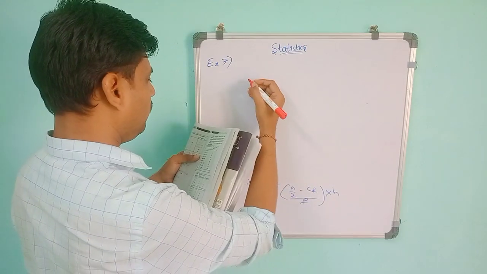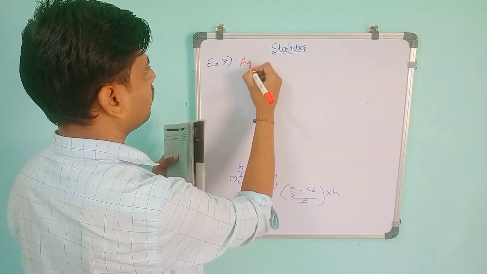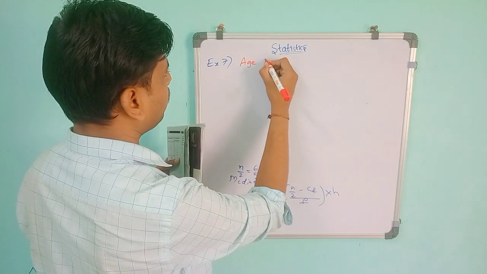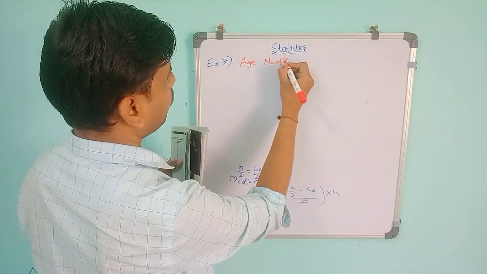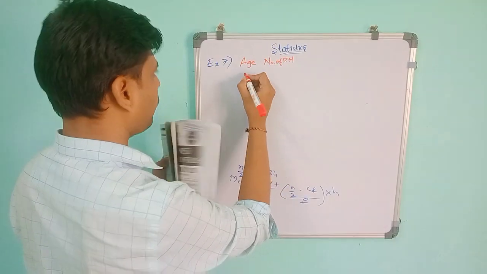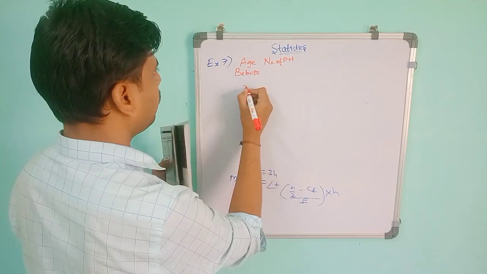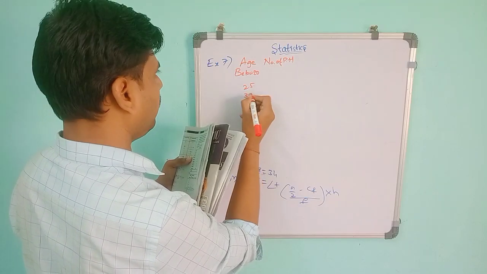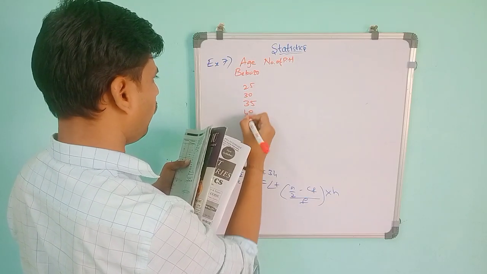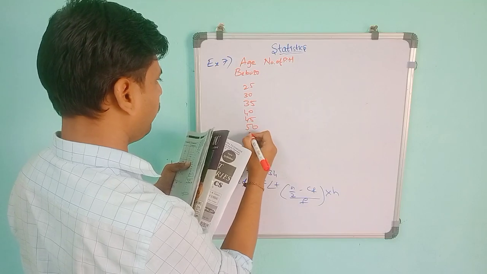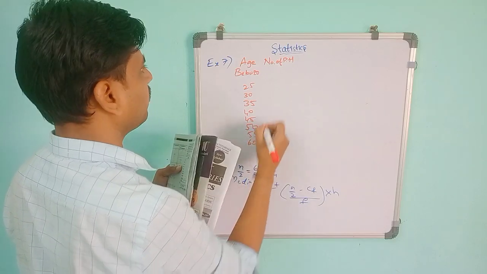So the given age, and the number of policy holders. The age is given as below 20, 25, 30, 35, 40, 45, 50, 55 and 60.